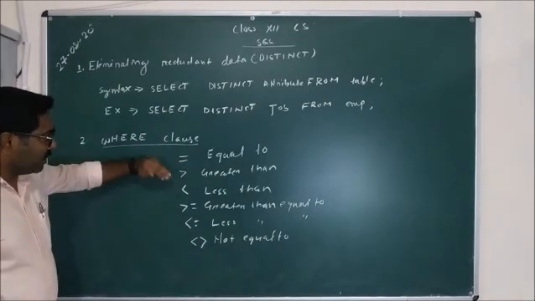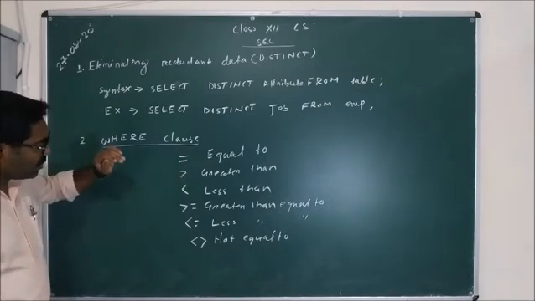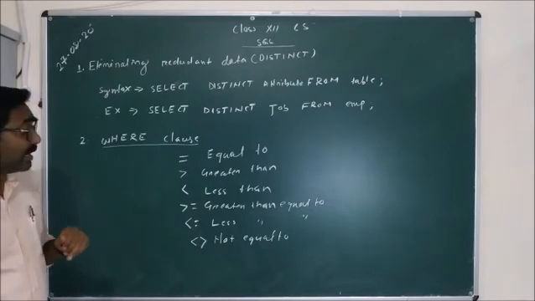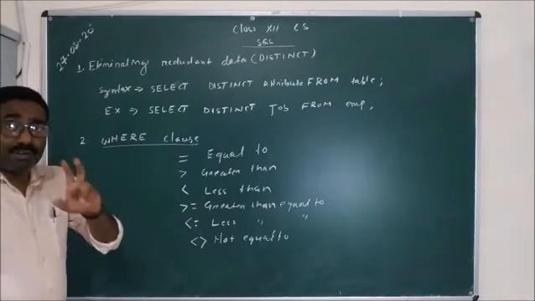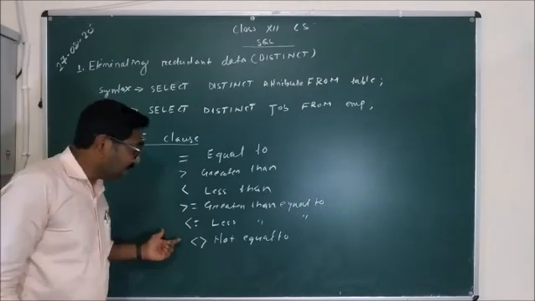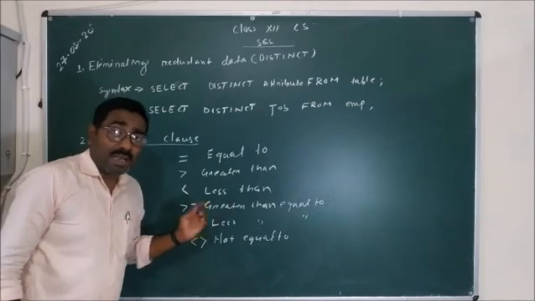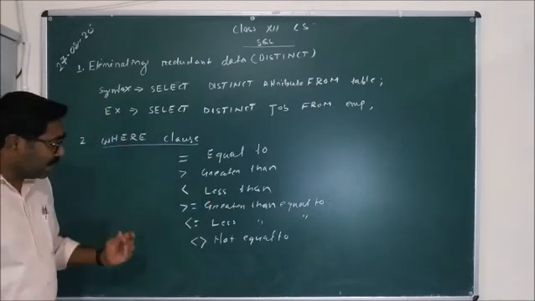Equal to sign, you know; greater than sign, you must know; less than sign, also there is no problem. But when we are mentioning greater than equal to, you have to use both the signs, greater than and equal to. In case of less than equal to, you have to mention both the less than symbol as well as the equal symbol.